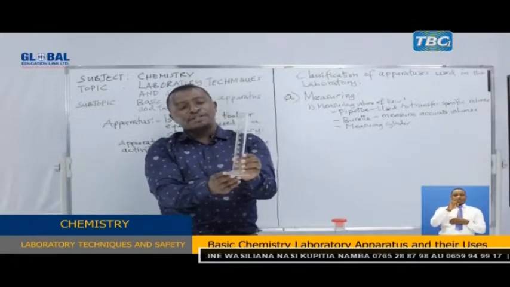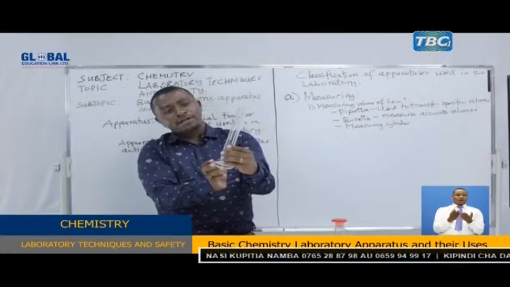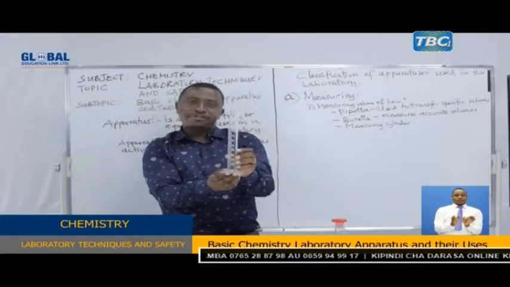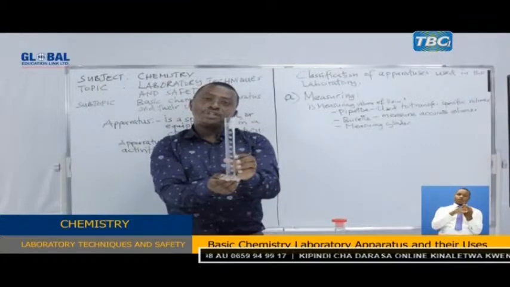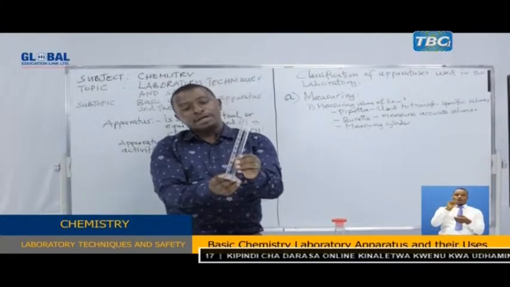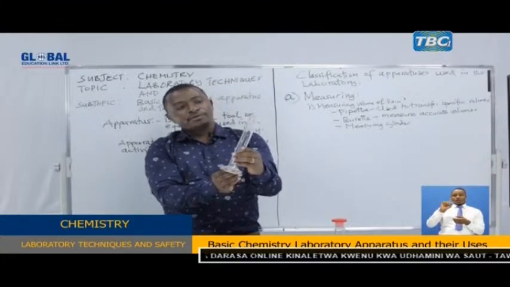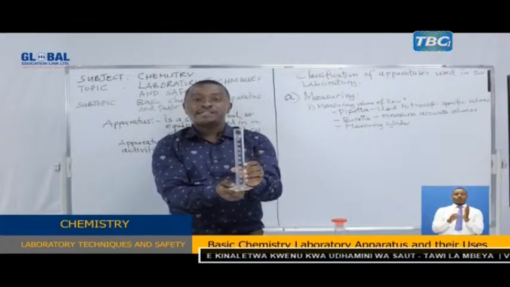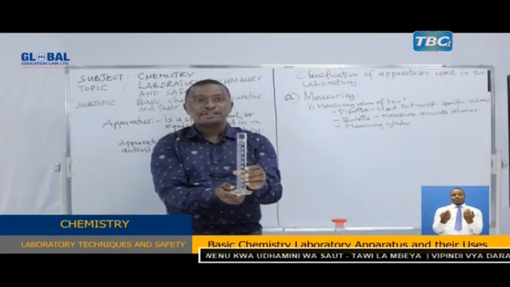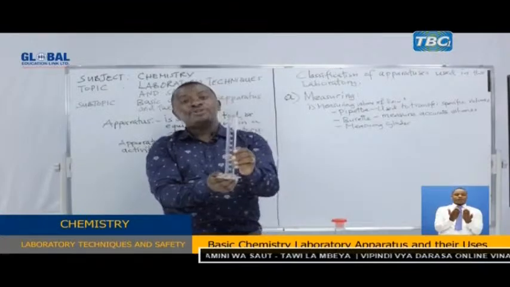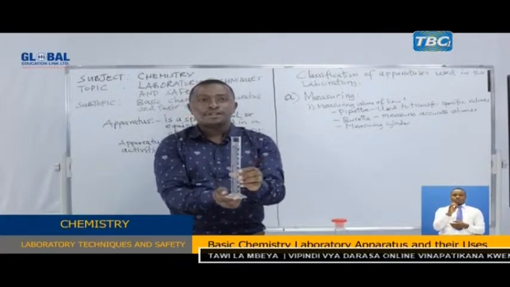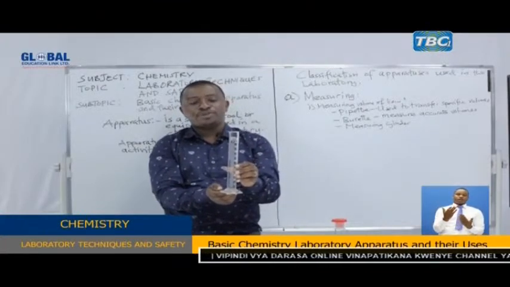This one also measures specific volumes and accurate volumes, and it is much used in the laboratory. It can be of 10 cubic centimeters, 20, 50, 100, 500, even 1,000 cubic centimeters.